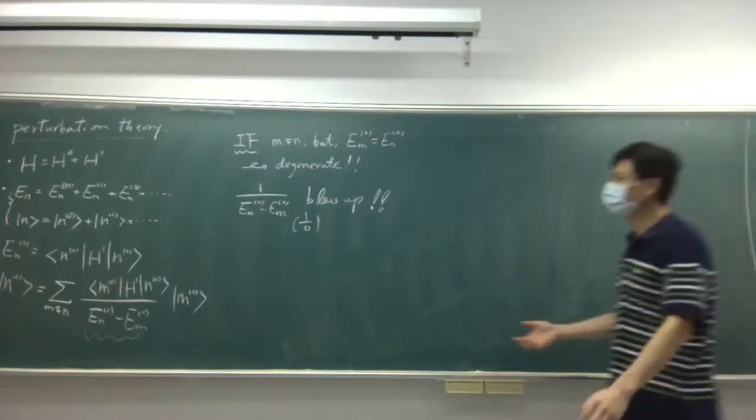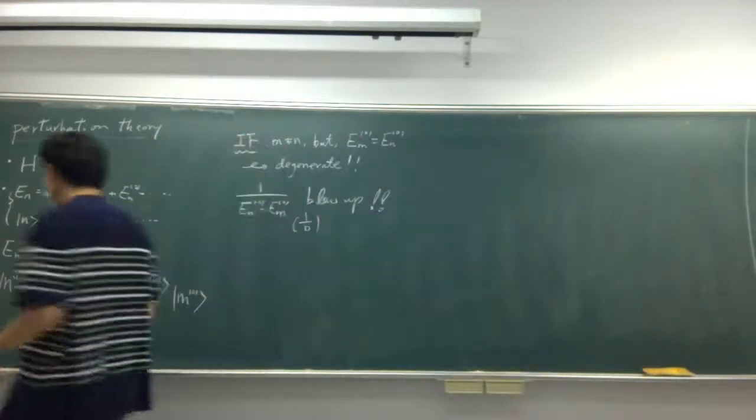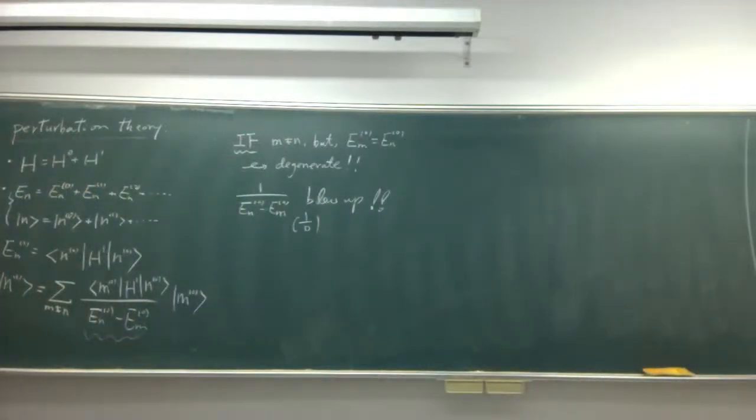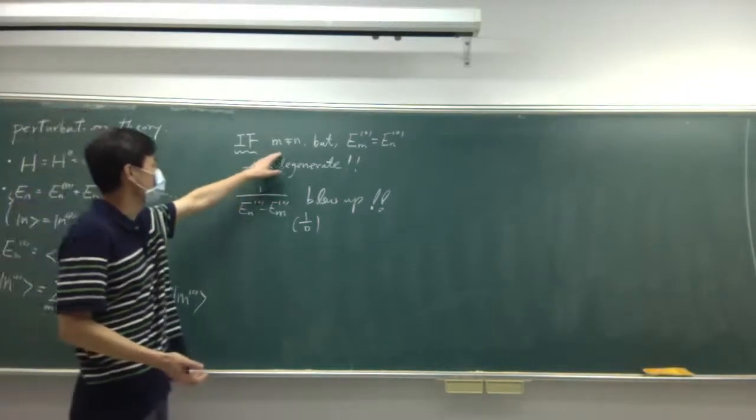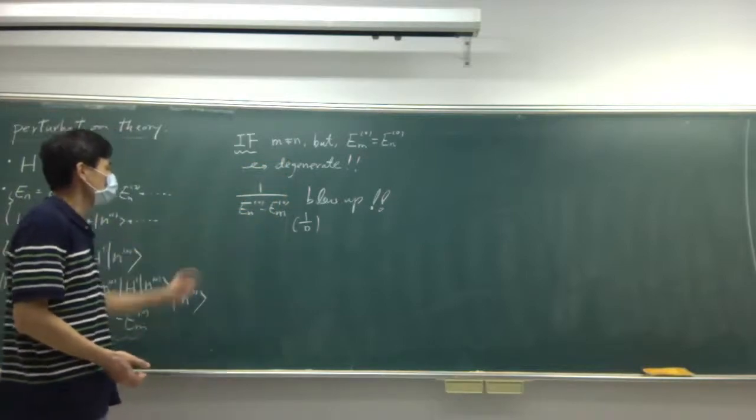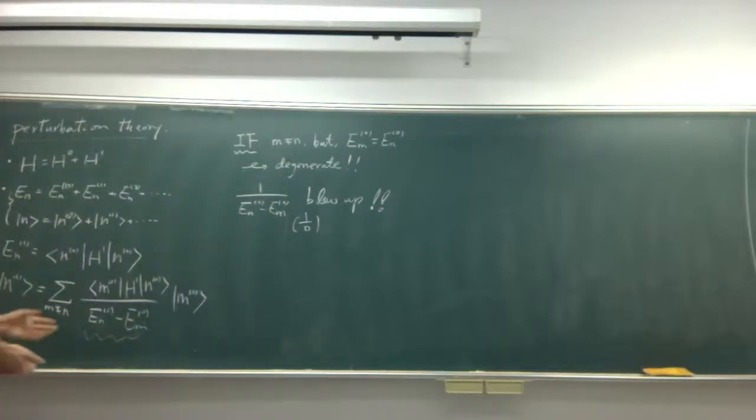All right, so we see the problem. Intuitively, if we have a degenerate case, we immediately see that in the perturbation theory I learned before I have this 1/0, which is not good.